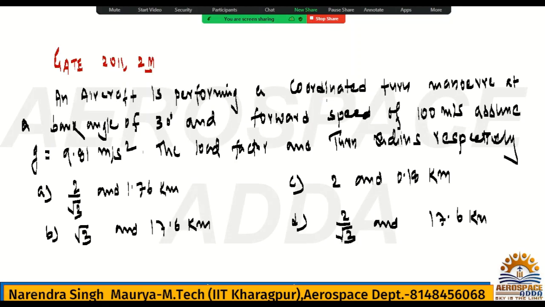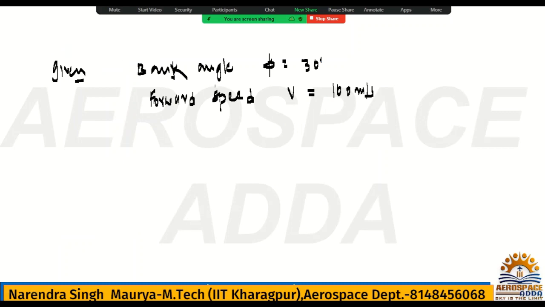Now g they have given to us. If they are giving, it's okay. If they are not giving, also fine, because it is a pre-assumed value at sea level.